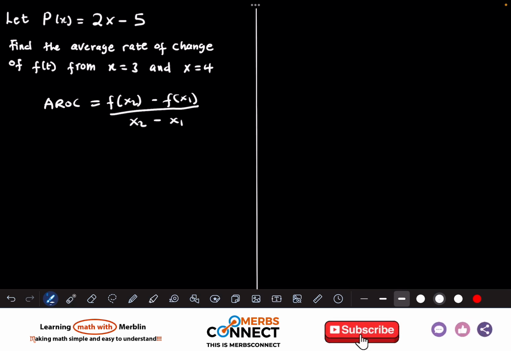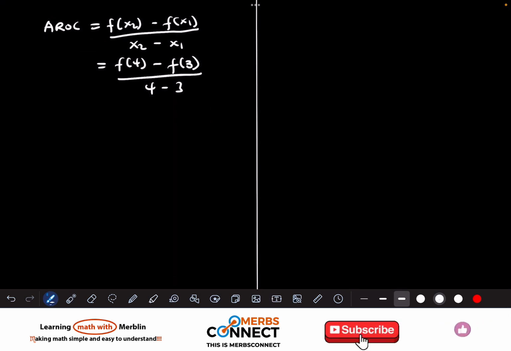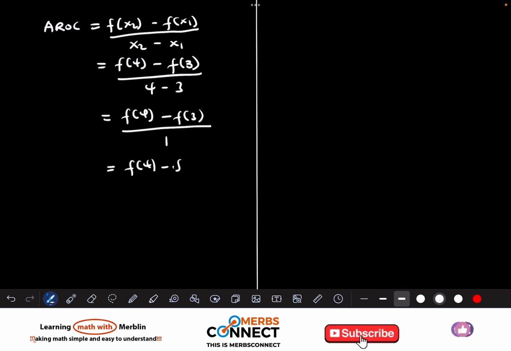Here my x2 is 4 and my x1 is 3. So when I do the substitution, I'm going to have f of 4 minus f of 3 divided by 4 minus 3, which gives us f of 4 minus f of 3 divided by 1, which is f of 4 minus f of 3.